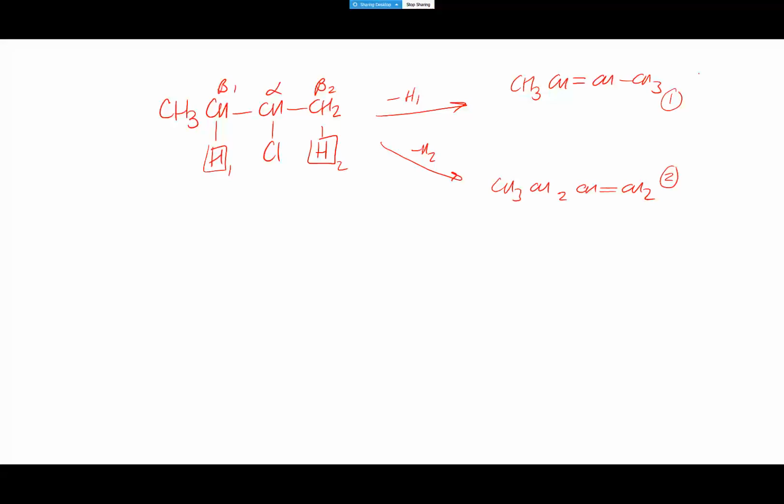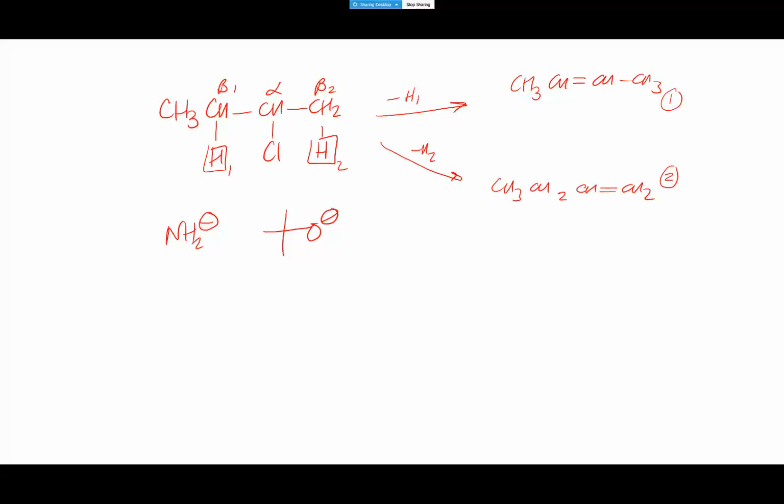If I did this reaction using E1, what would be my major product? If I do this by E1, what's the major product? Number 1? Do we all agree on that? Okay. So how am I going to choose? I got two bases here. There's my two bases, NH2- and tert-butoxide.